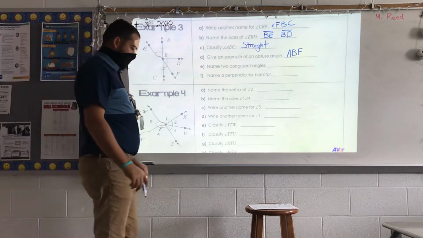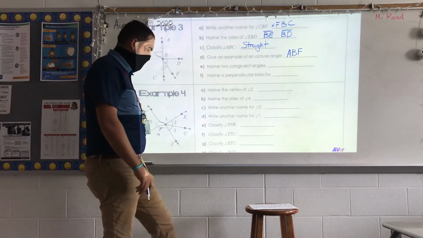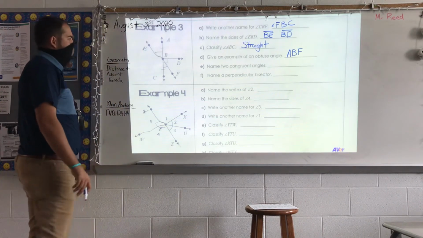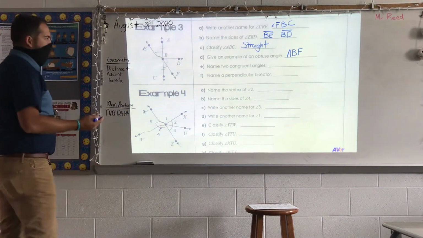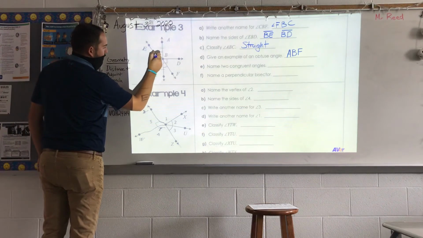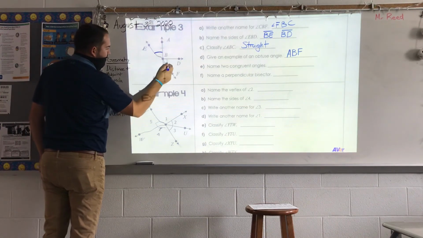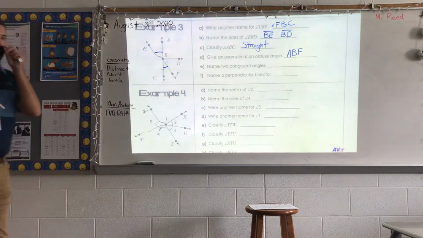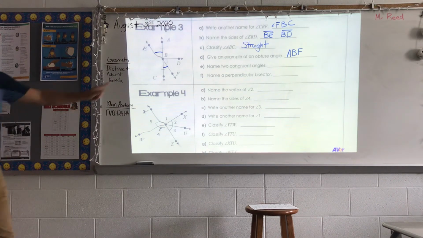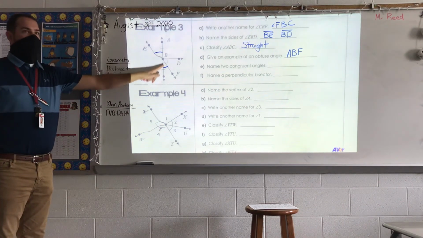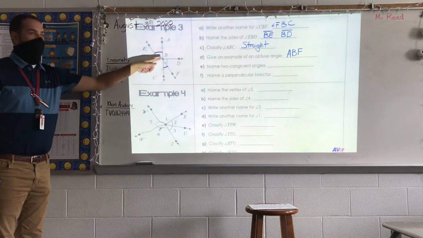Okay, the next thing: name two congruent angles. This might be hard for you to see because your lines are screwed up, but do you see how this has this mark and this has this mark? If your lines weren't squiggly, they would be the same. Anytime you see a mark like this, it means the angles are congruent.